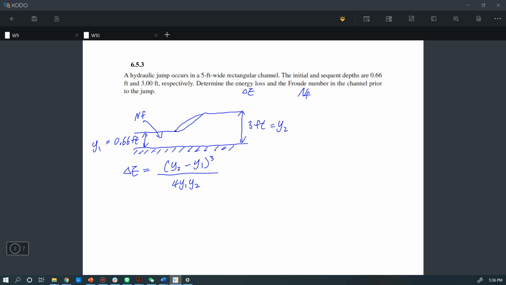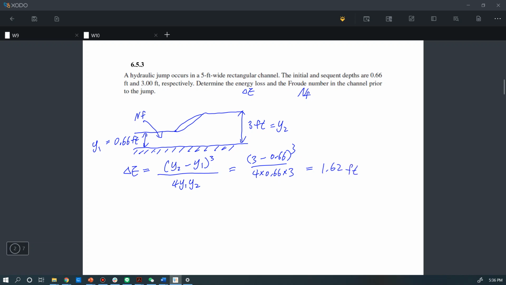We know Y1 and Y2, so we can calculate the energy lost: (3 minus 0.66) to the power of 3 divided by 4 times 0.66 times 3. And we get the answer of 1.62 feet.